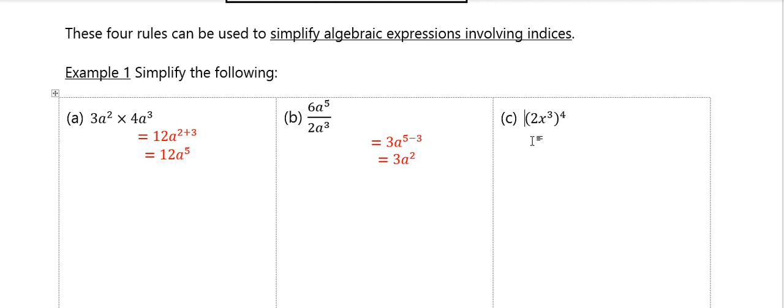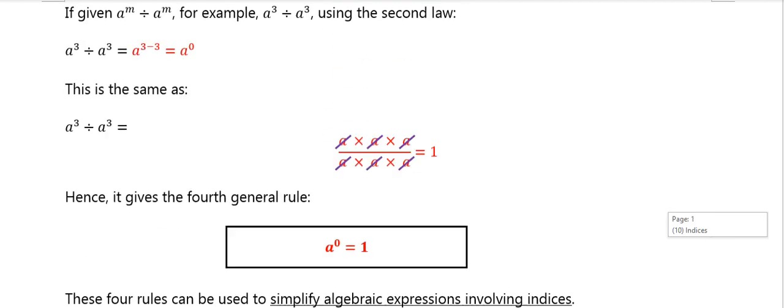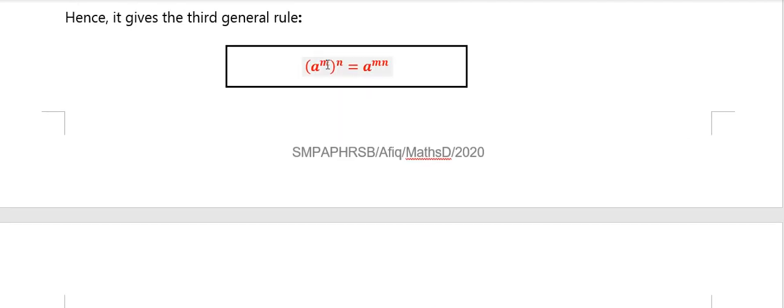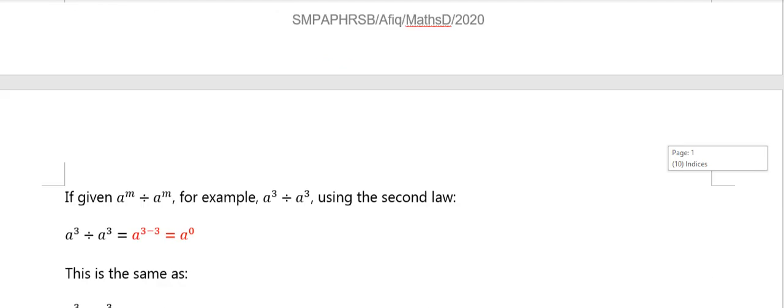As you can see here, you have the base 2x cubed and then as the index, power 4. Using the third law, all you have to do is multiply the powers together.